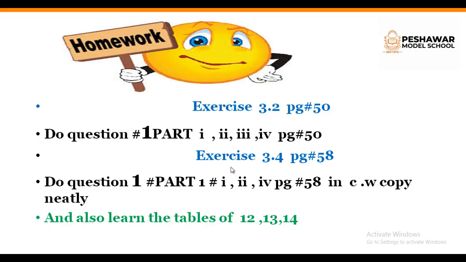And then you have to ready another page, that is exercise 3.4. Ready your page, draw the margin line, each and everything. Then write down on the very first line 3.4, page number 58, question number 1. You have to attempt parts number 1, 2 and 4, right? Parts number 1, 2 and 4. Is that clear? 3 is done in your slide.